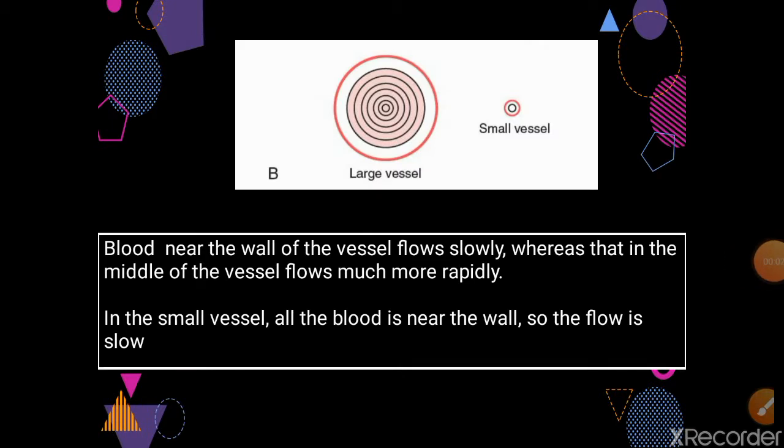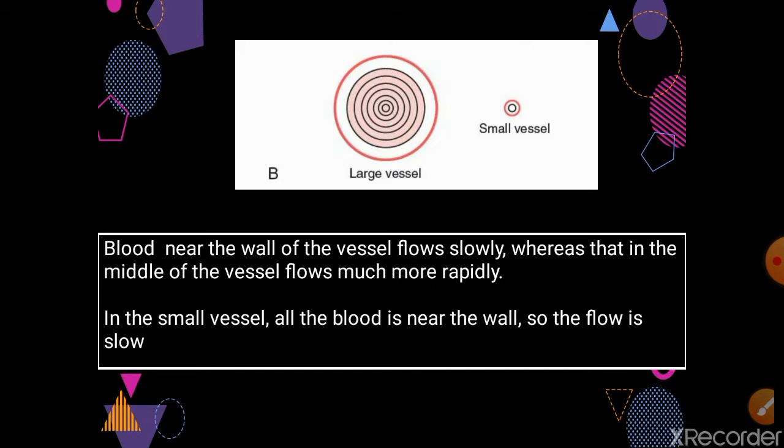To understand the effect of diameter on blood flow and resistance, let's look at this picture. In the first blood vessel having larger diameter, the blood which is flowing near the walls of the vessel is slow. This is due to the greater friction between this layer and the vessel wall.